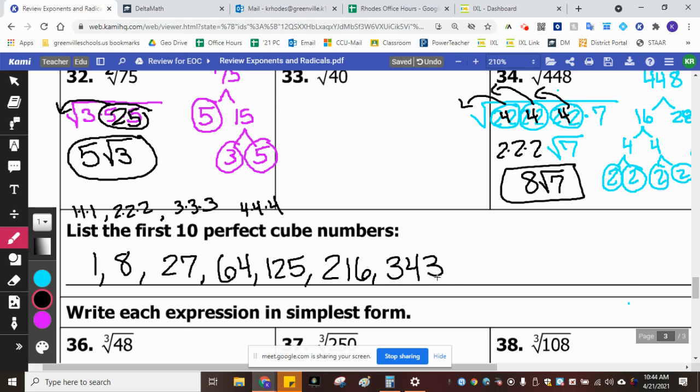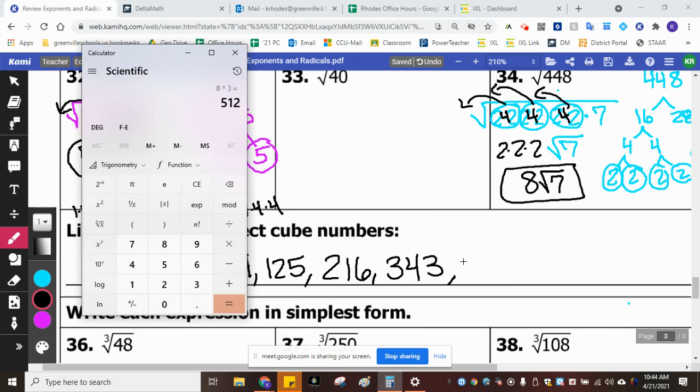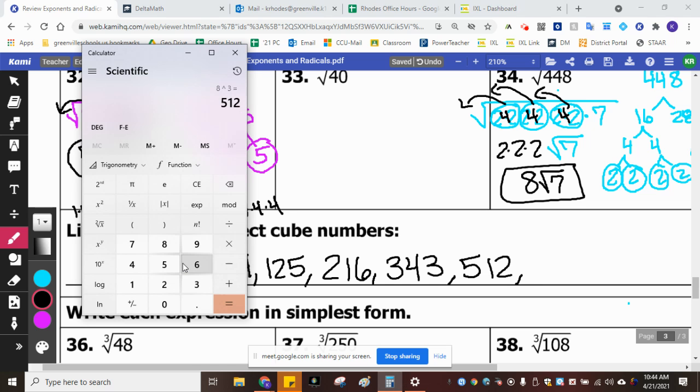And I don't care if you memorize this list as long as you know how to get it. 8 raised to the third. Because I don't even have these memorized. I have the first few memorized, the easy ones, but then the numbers get pretty big.